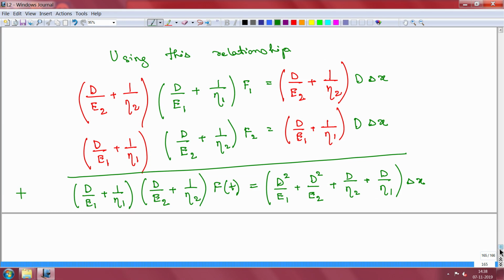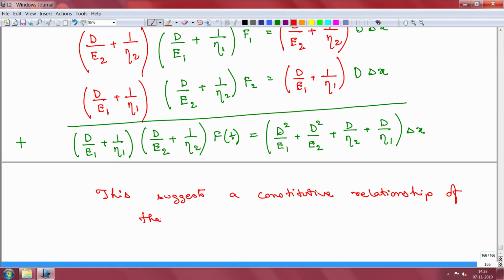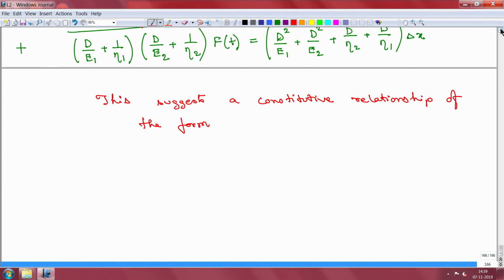Okay. So, what does this suggest? Now if I have to replace the F, this suggests a constitutive relationship of the form this. Okay.